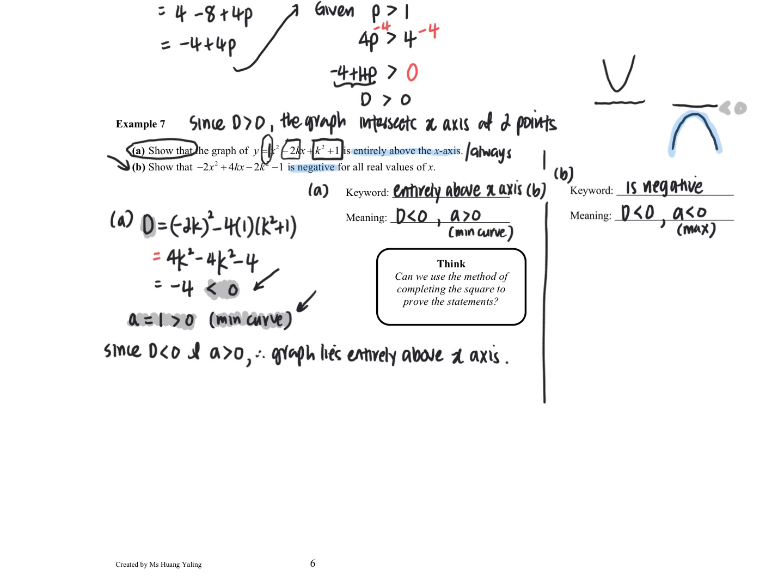Why can't a maximum curve be above the x-axis? Because a maximum curve looks like this. If I want it to be above, it would be something like this. But we all know that a maximum curve's end points will always extend infinitely. So if I extend it long enough, it will intersect. It's just that some of you, when you draw, you stop somewhere.